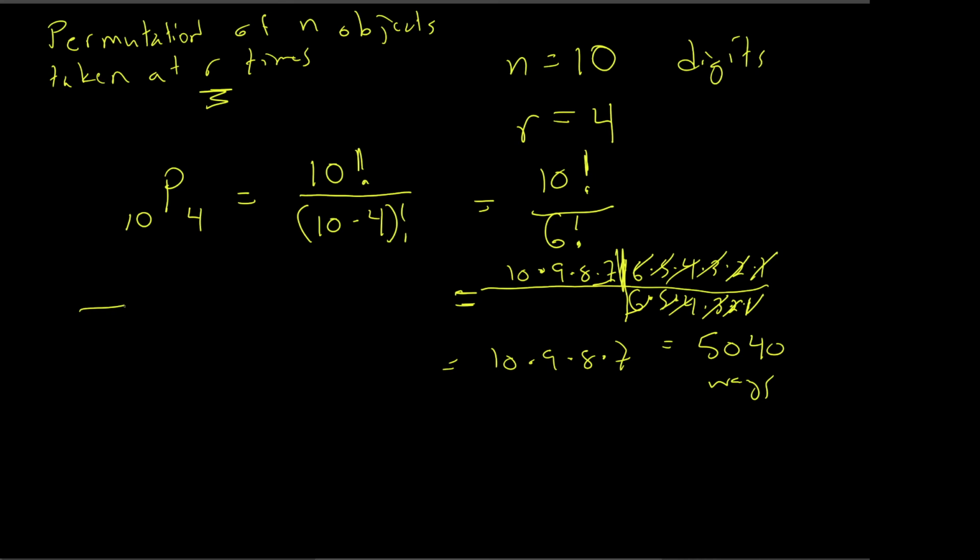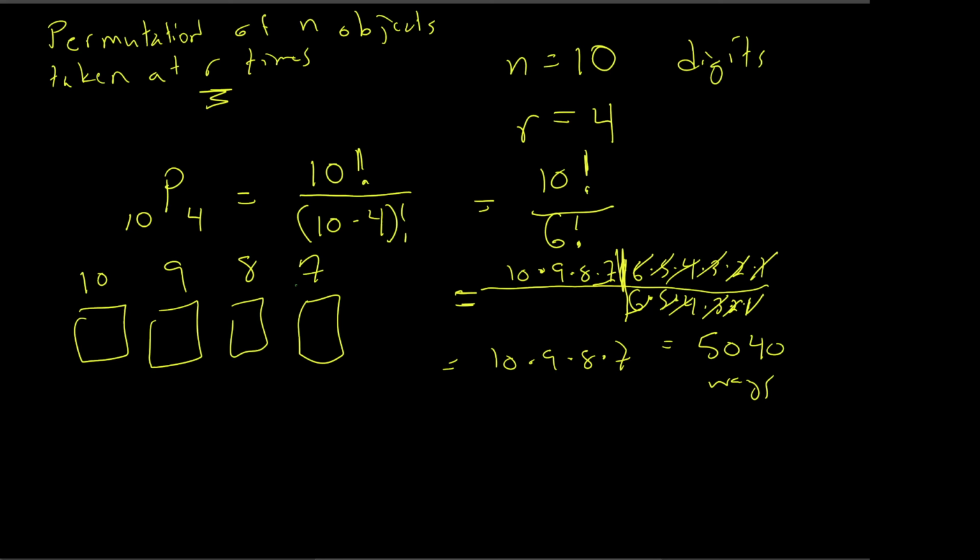And so if I have a 4-digit PIN and I cannot repeat numbers, well, we did it before by saying we have 10, and then we have one less number, we have 9, one less number, we have 8, one less number, we have 7. Well, that's what's here. And so we actually have a formula that we can use for finding these permutations.